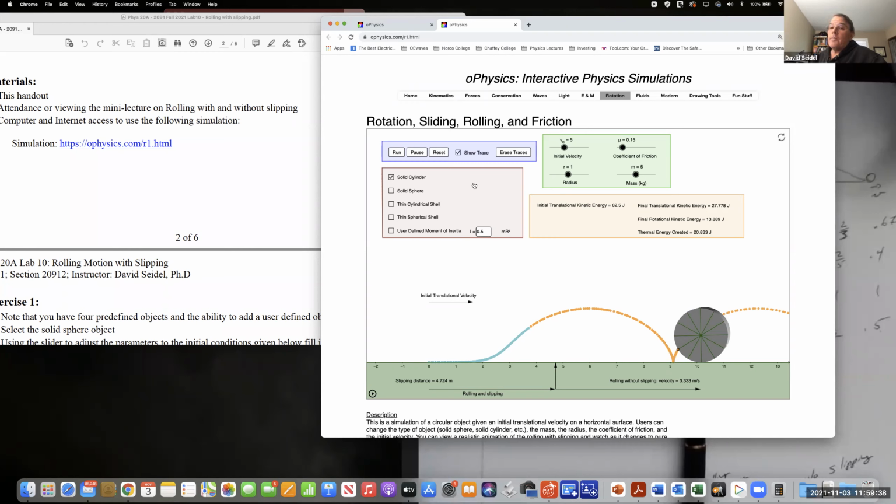So we have a variable torque. As long as we have kinetic friction, we have a fixed torque. But as soon as that bottom comes to a stop, as soon as we hit rolling without slipping, our torque changes, and our net torque becomes 0. The net torque on the system becomes 0. And we're in the case of static friction, rolling without slipping.